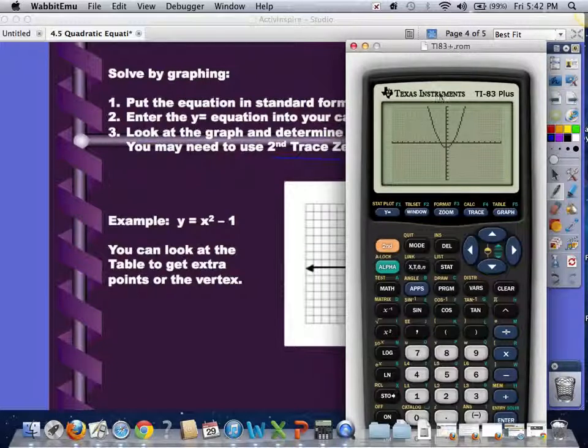So you can find all those. You can also look at the table if you need to, and you can find these points at 0, -1, and then your zeros are at -1 and at +1. And there's extra points if you need those to graph it.